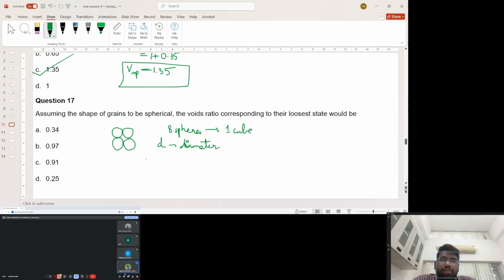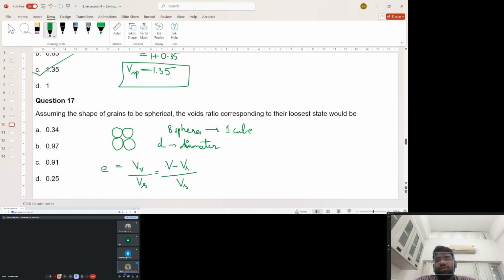Now, how will we define the voids ratio? e is defined as volume of voids by volume of solids. So the volume of voids can be written as total volume minus volume of solids, divided by volume of solids.